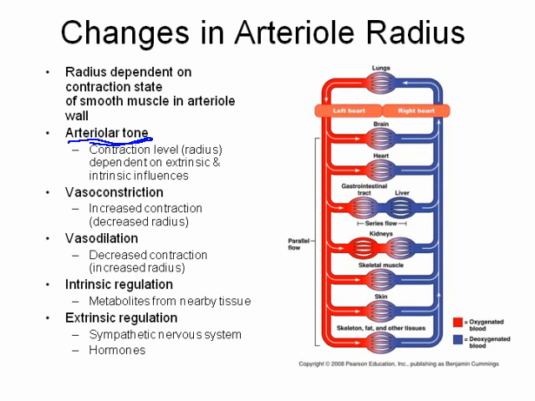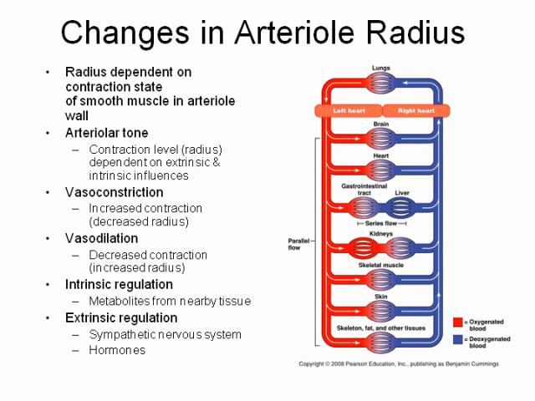So the arteriolar tone is the level of contraction, or the radius, of these arterioles. And of course, it depends on, again, we keep seeing this pattern, extrinsic and intrinsic influences. Extrinsic influences are, of course, the sympathetic nervous system. Hormones can as well. We'll talk about that later, and some of it we'll even talk about once we get into the renal system.